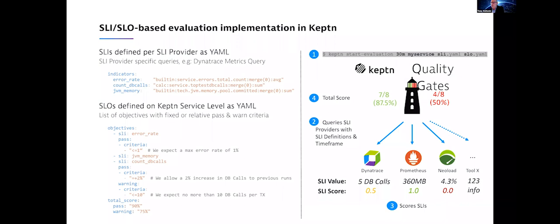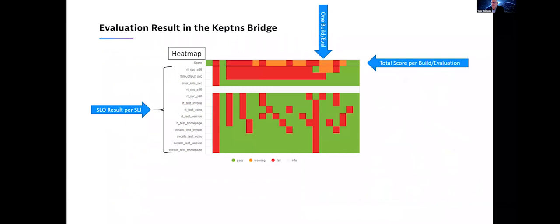But at the same time, you might have 4 SLI score failures, where you would not allow a build to go forward. On the Keptn side, it has its own visualizations. We have the Keptn Bridge, where you can look at your heat map and see the SLO results per SLI, visually per build.